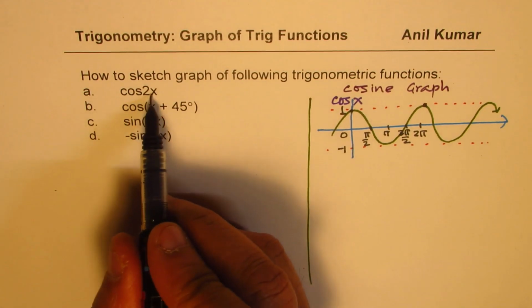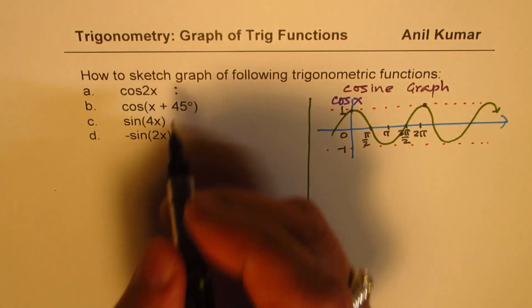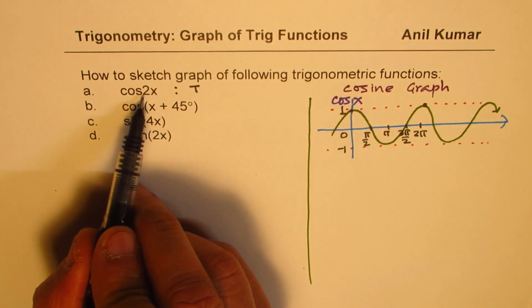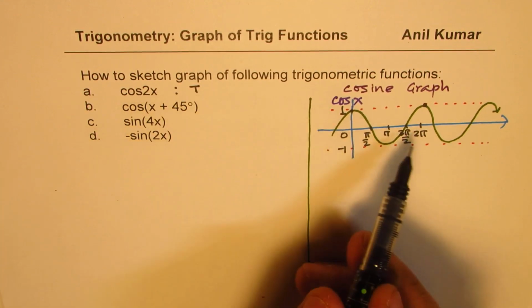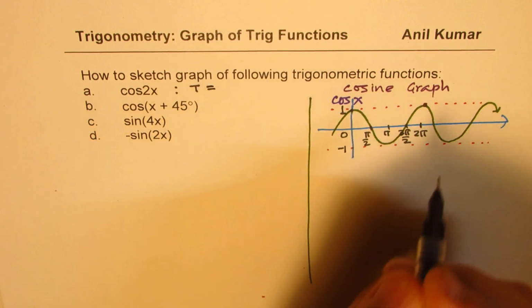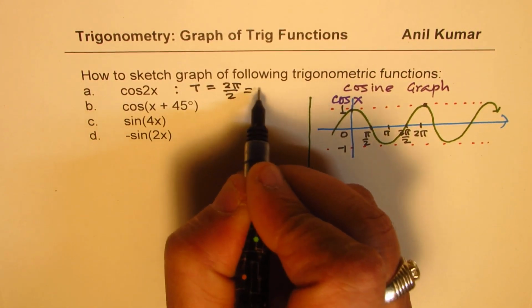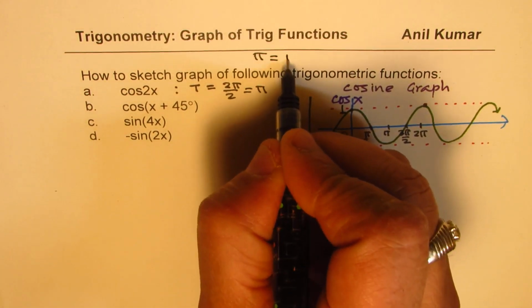Now when I have cos of 2x, what happens? For cos of 2x, the time period becomes half, so there are two cosine waves within 2 pi. The time period here is 2 pi by 2, which is pi. Remember, pi is 180 degrees.